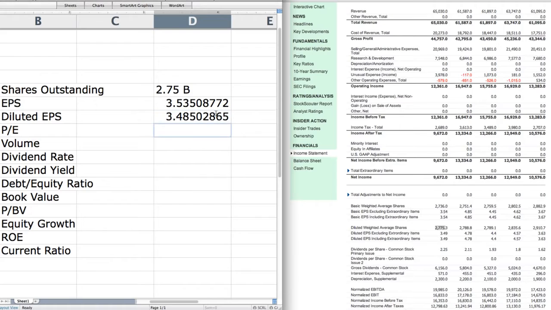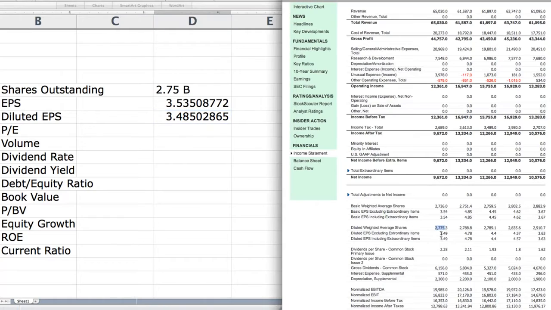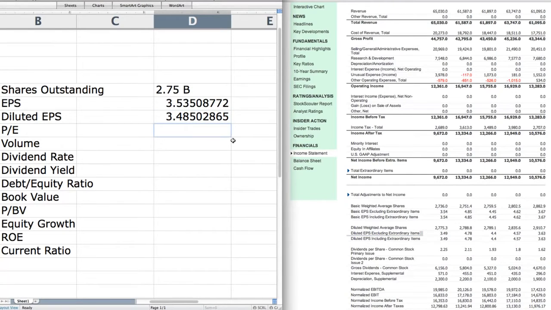When we hit enter, you can see that the diluted EPS is actually lower than the EPS that's being reported. So this number is more accurate, and this is the number you're going to want to use whenever you're calculating. Down here they actually have that number calculated for you at 3.49, which is what you'd get if you rounded this. So that's how they're calculating that.